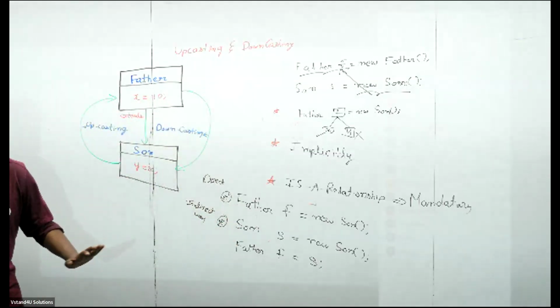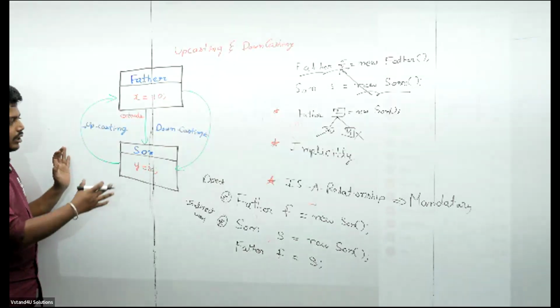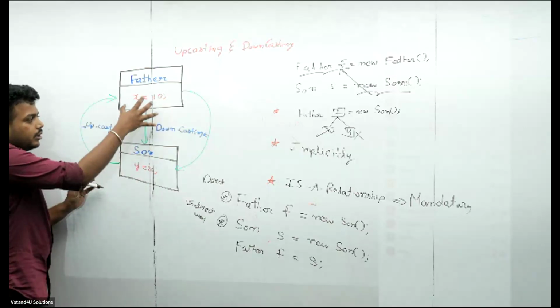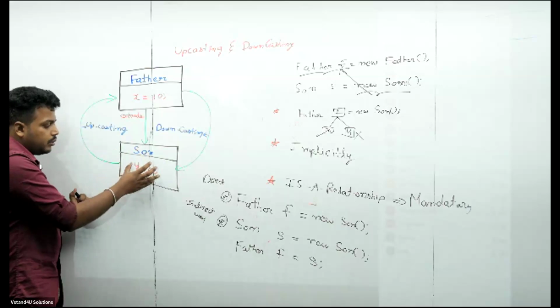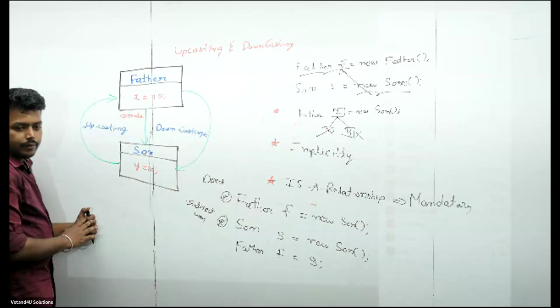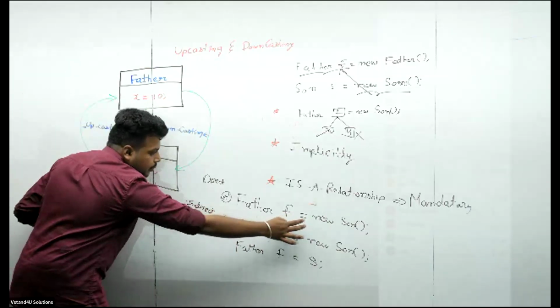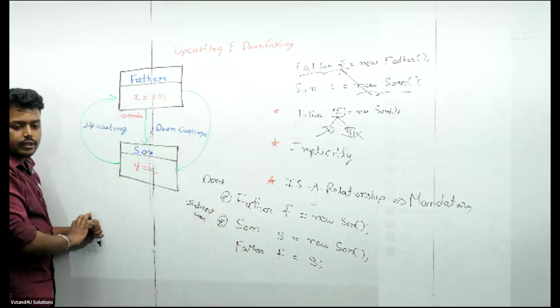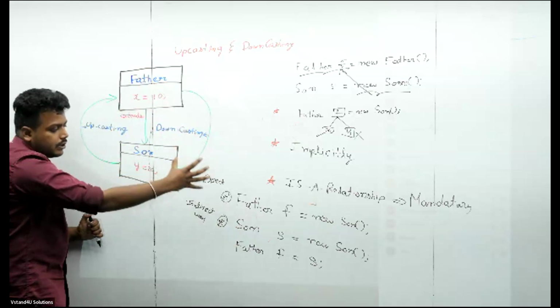Now you understand what upcasting is. In this diagram also it's showing, no? See, an is-a relationship is mandatory. Now see, I am creating a Son class object. For the Son class object, I am giving the reference of the Father.